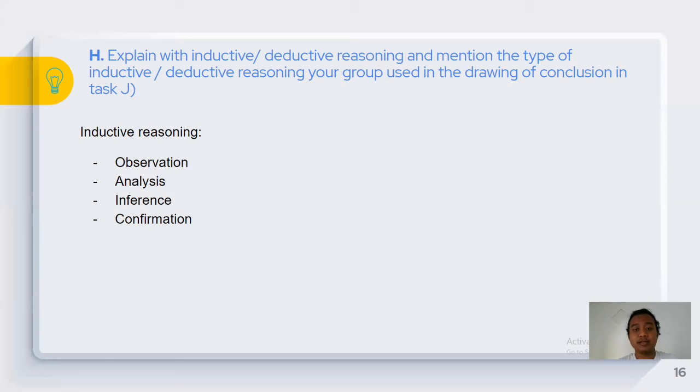And then we try to find the inference of the data, that is, the generalization that we can find from the data that we can apply to all of the members of the class. And then we can confirm the result of the data, whether it is suitable or not.